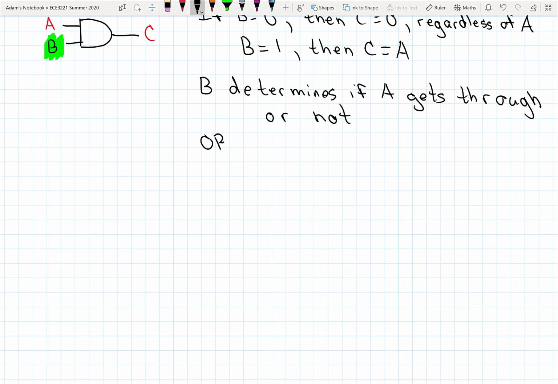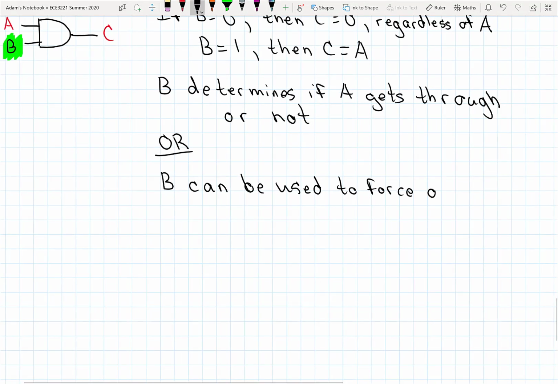Or thinking about it another way, B can be used to force the output low, right?